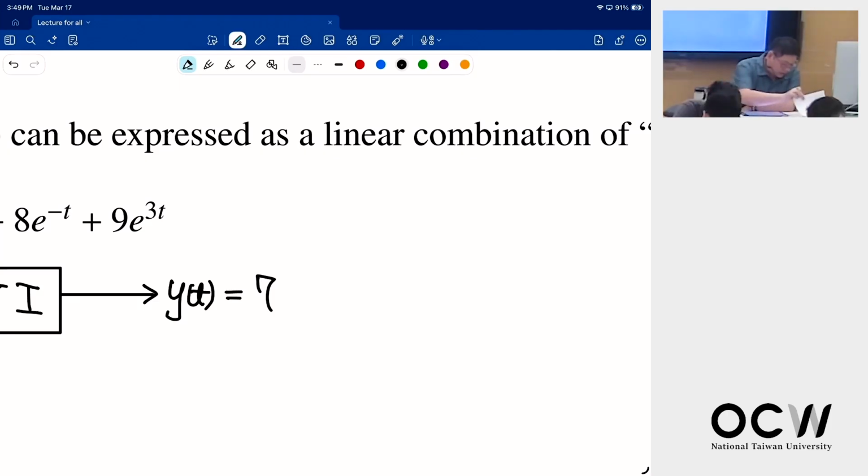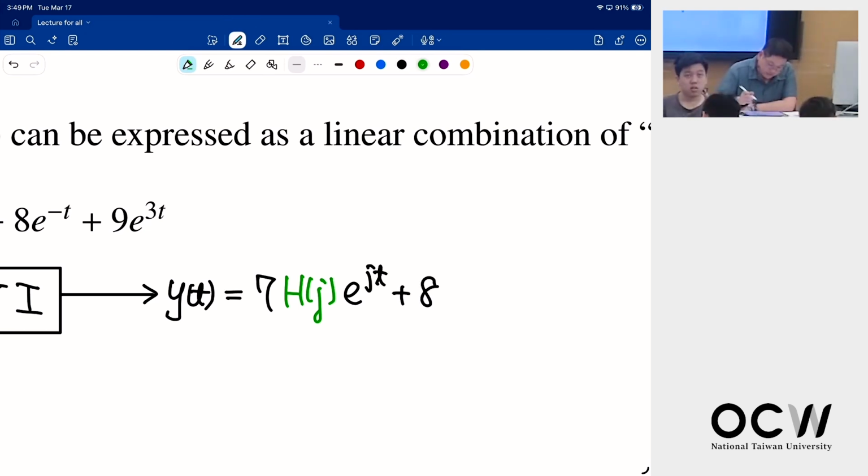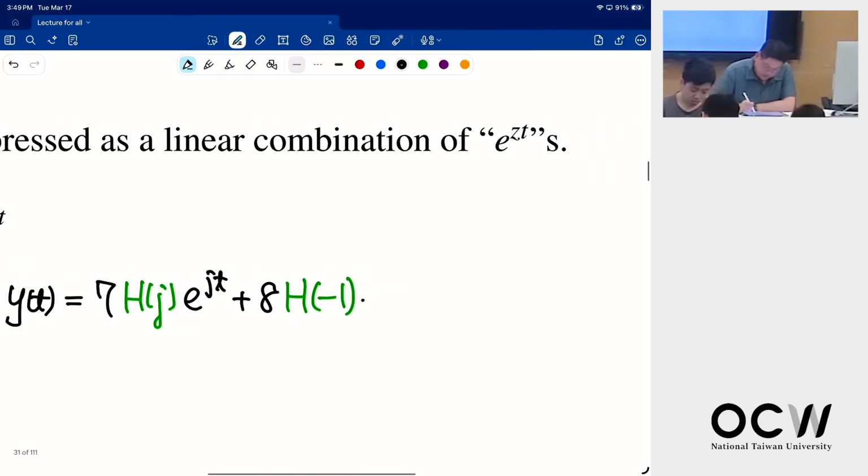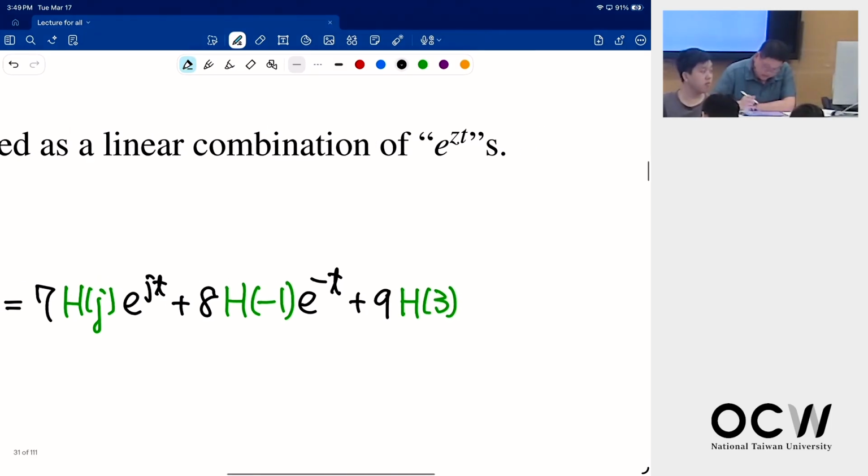So here I should have 7, what do we use, maybe the green one, H(j) times e to the jt, plus 8 times H of minus 1, e to the minus t, and 9 H of 3, e to the 3t.